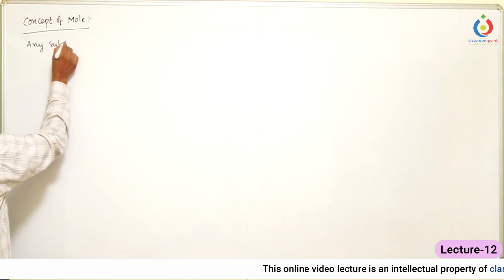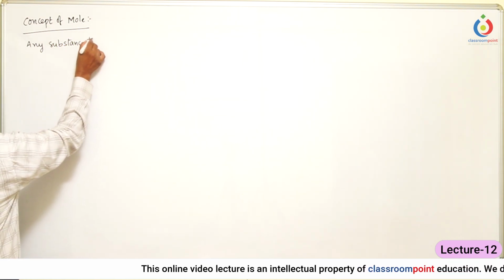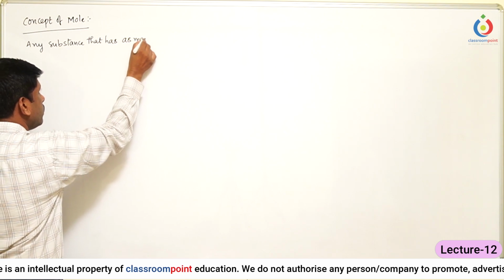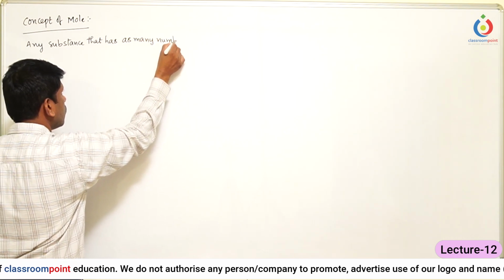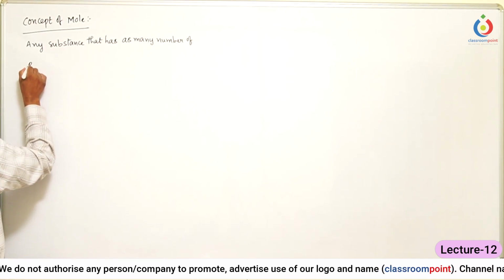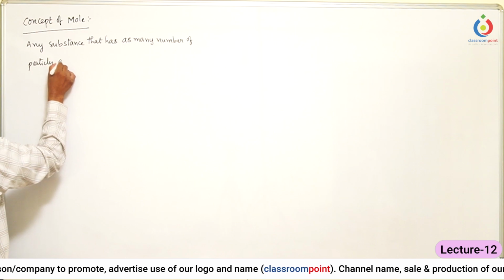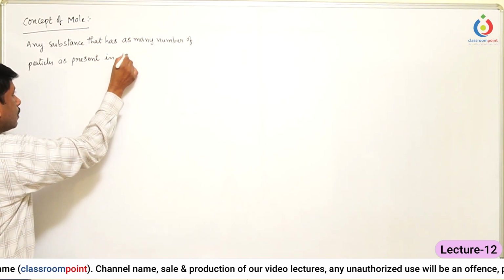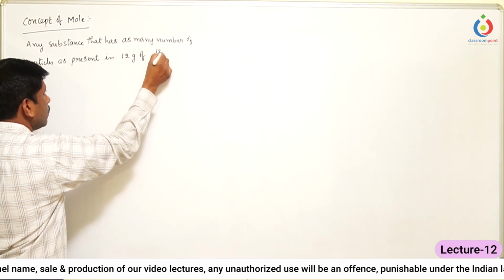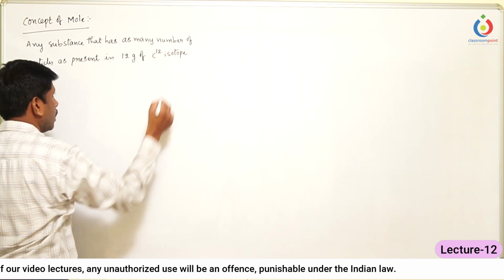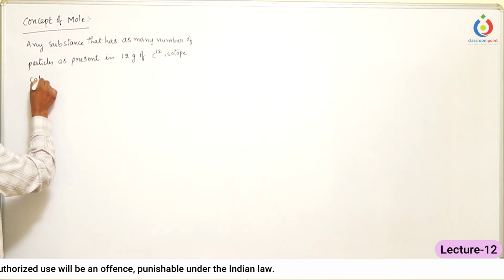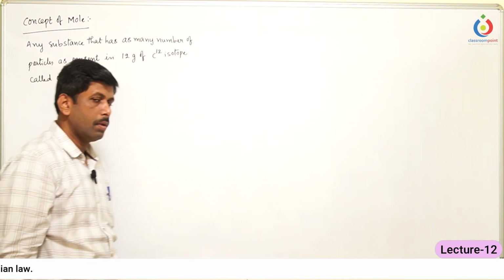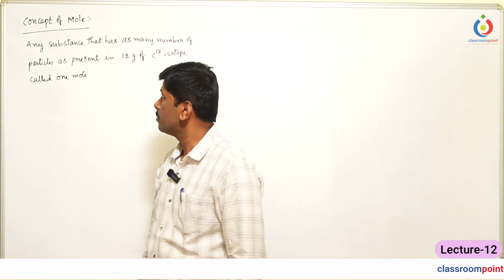Any substance that has as many number of particles as present in 12 grams of carbon-12 isotope is called 1 mole. So the definition is actually a comparison definition.